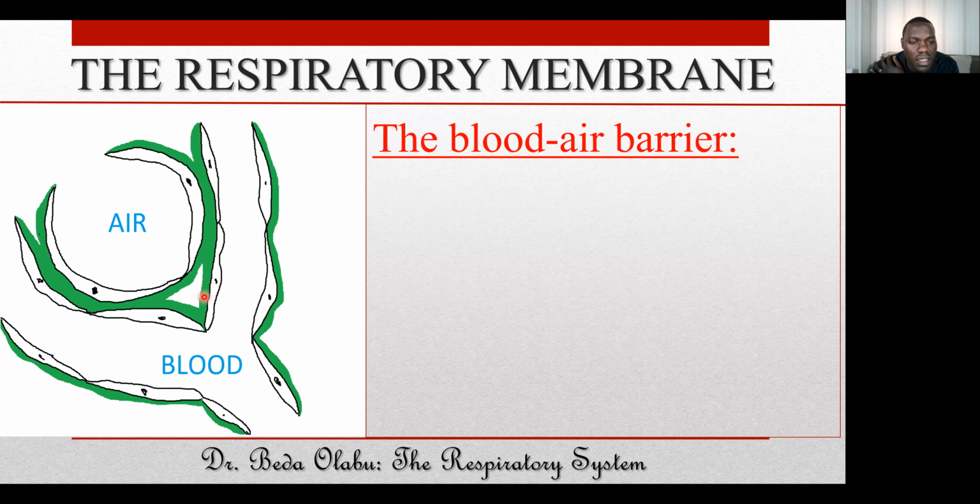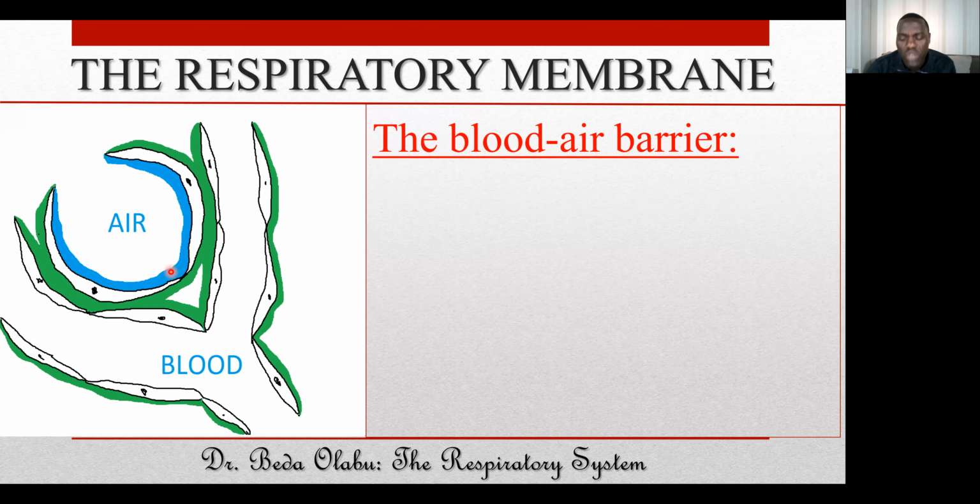So the green represents the basal lamina of the different epithelium. Each epithelium has a basal lamina. Great. So with this understanding, let's also remember that on the inside of the alveolus, we have a coating of the surfactant chemical. The one in blue is a coating of surfactant chemical.